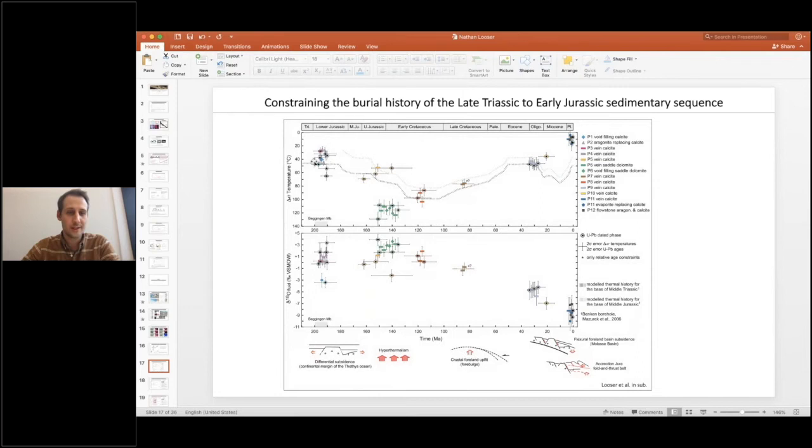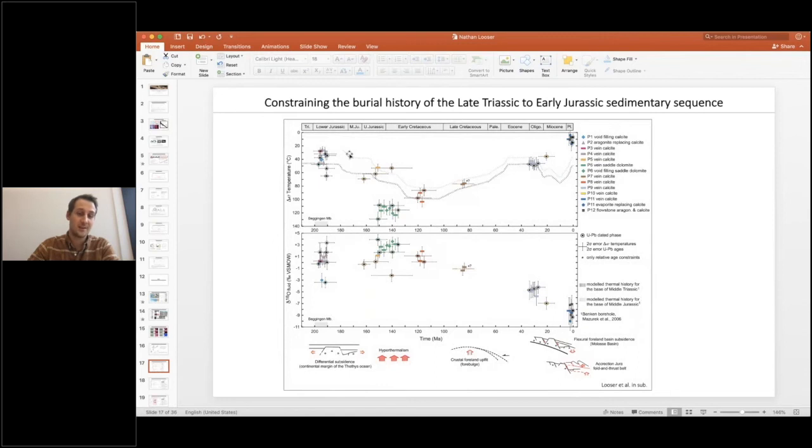Also important is that we are not the first ones to try to reconstruct the burial history of northern Switzerland. There is this work by Mazurek and others from 2006, and they derived this temperature evolution model for the base of the sediment and for the base of the Middle Jurassic.